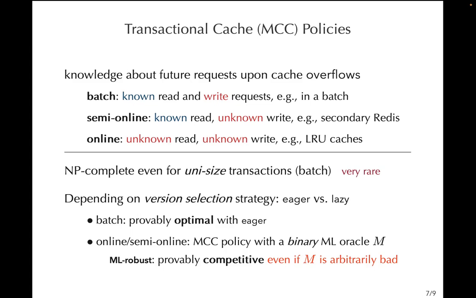For the semi-online and online models, we give theoretically competitive policies that can make use of a binary classifier. Moreover, they are machine-learning robust in the sense that even if the classifier works extremely badly, for example, making an incorrect prediction for each and every classification request, the policy is still provably competitive.